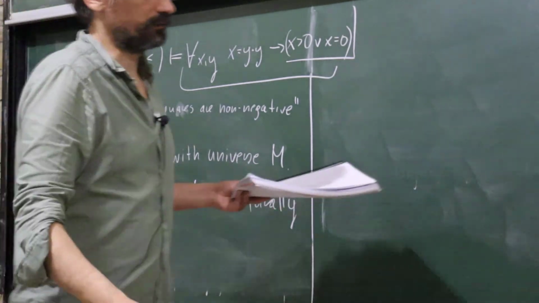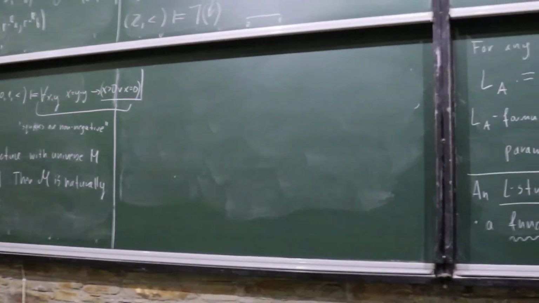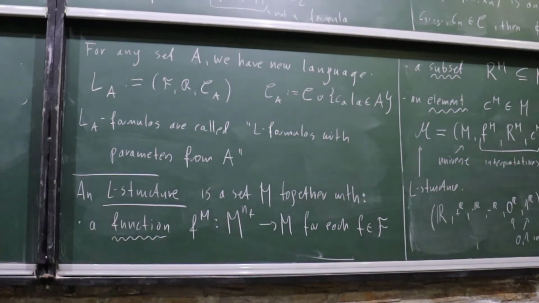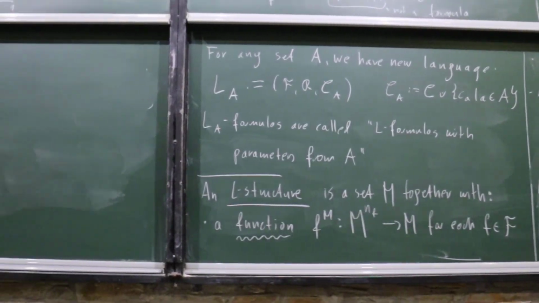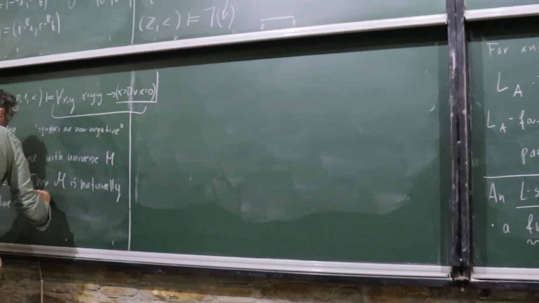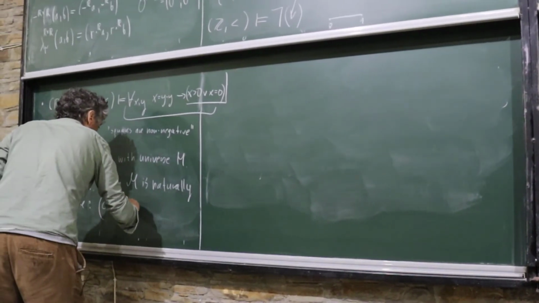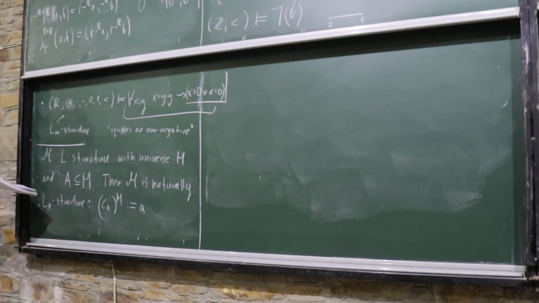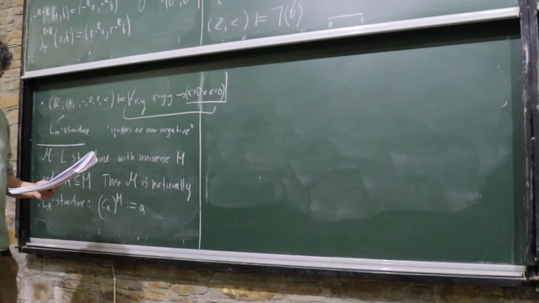So any of these constant symbols c_a is interpreted as a. Nothing very intelligent, but this is like fixing some new set of parameters we want to focus on.